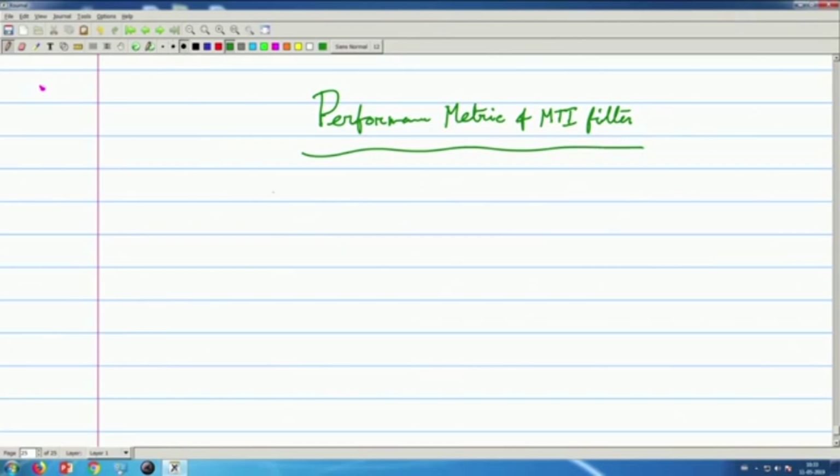There are 3 such. One is called clutter attenuation, or its symbol is CA.